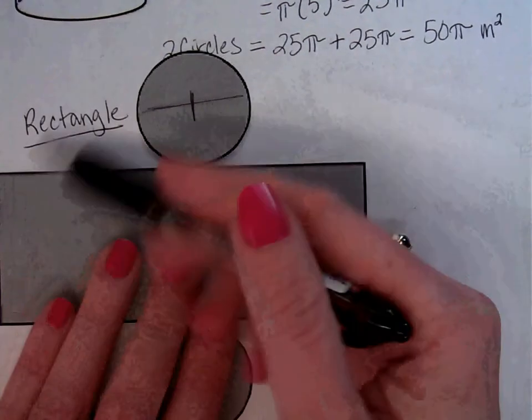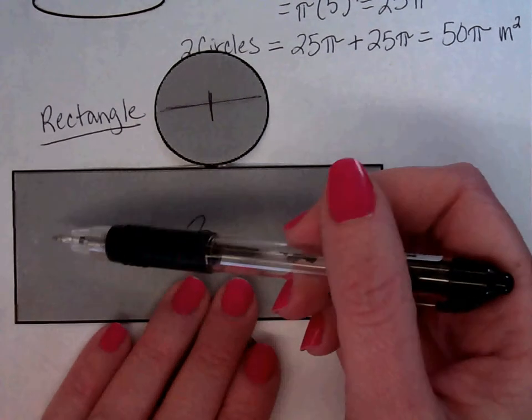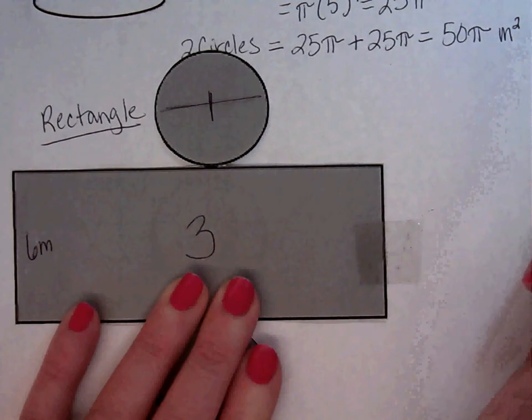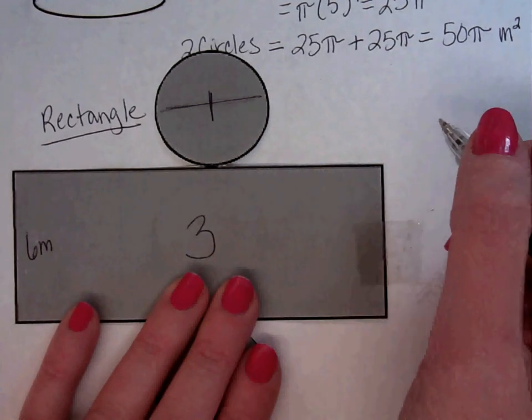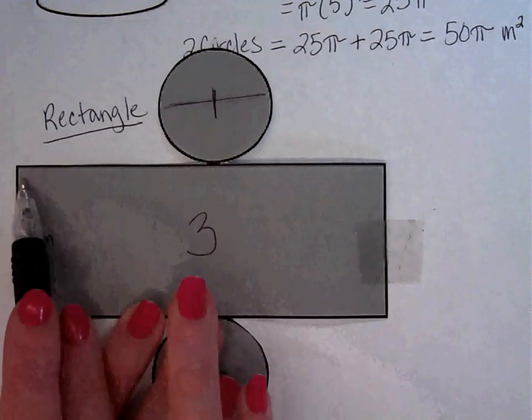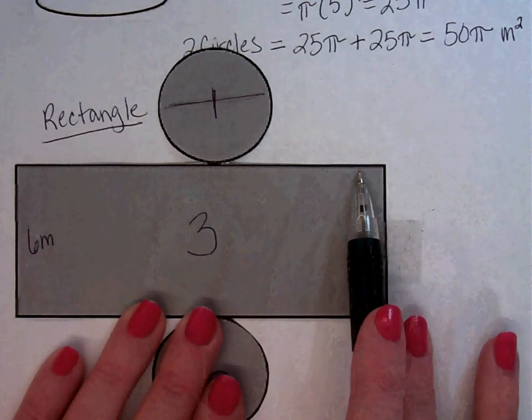This distance right here, this is the height of that cylinder. So this height is the 6 meters. All right, so if the area of a rectangle is length times width, how are we going to get this length right here?